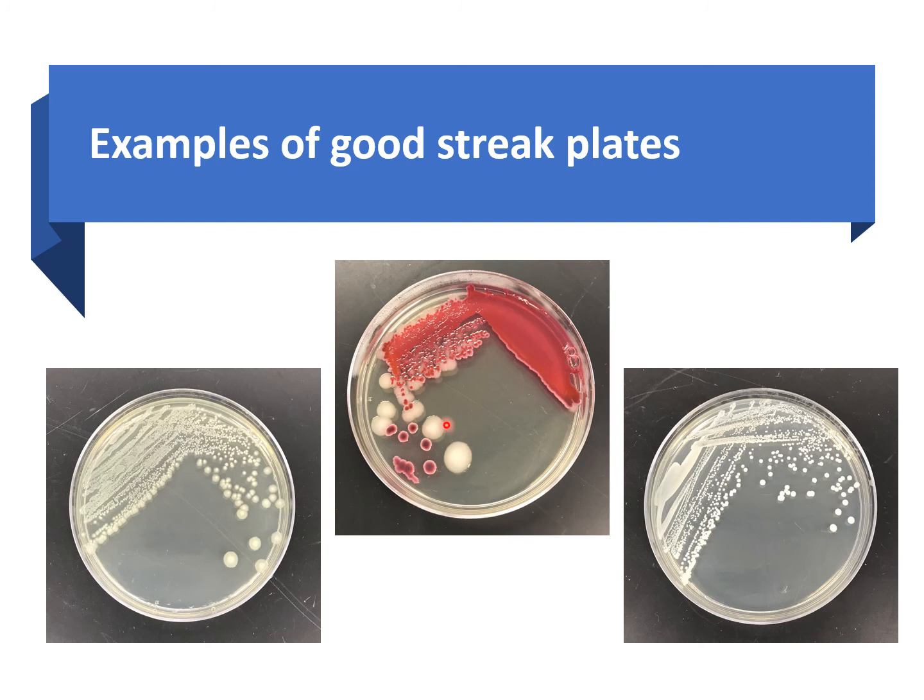But notice how when you kept diluting your sample, second quadrant, third quadrant, fourth quadrant, and you got those single colonies, it's going to help you figure out how many different species you have based on the look of your colonies, whether they're the same or not.